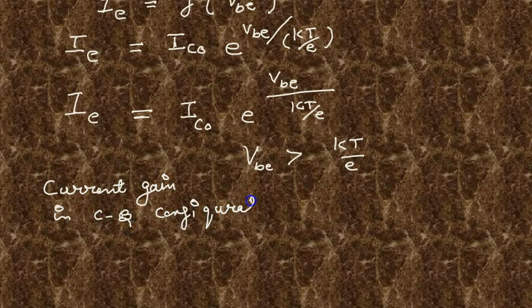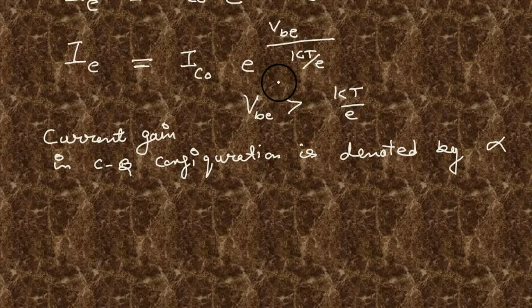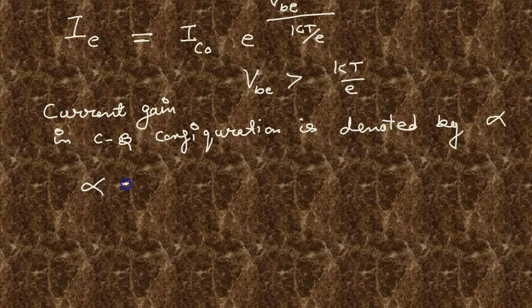So the current gain in common base configuration is denoted by alpha, and what is alpha in common base? That is the collector current over the emitter current with a minus sign. You know why the minus sign is here?